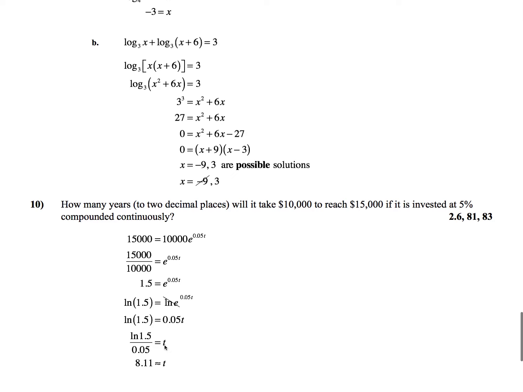When we enter that into our calculator, we get 8.1 and a bunch of decimals, but we were asked to round to 2 decimal places, so we round to 8.11, and that's how many years it takes for $10,000 to reach $15,000 if it's invested at 5%.